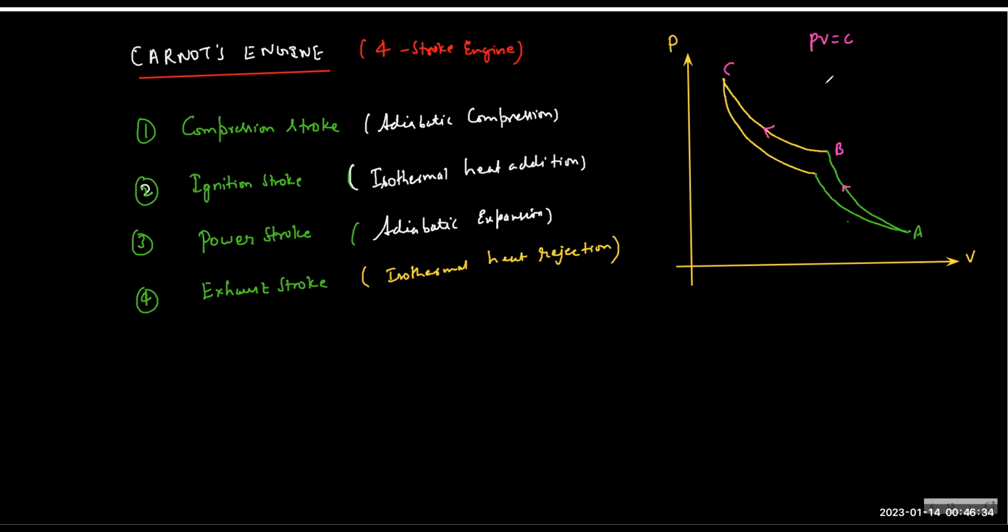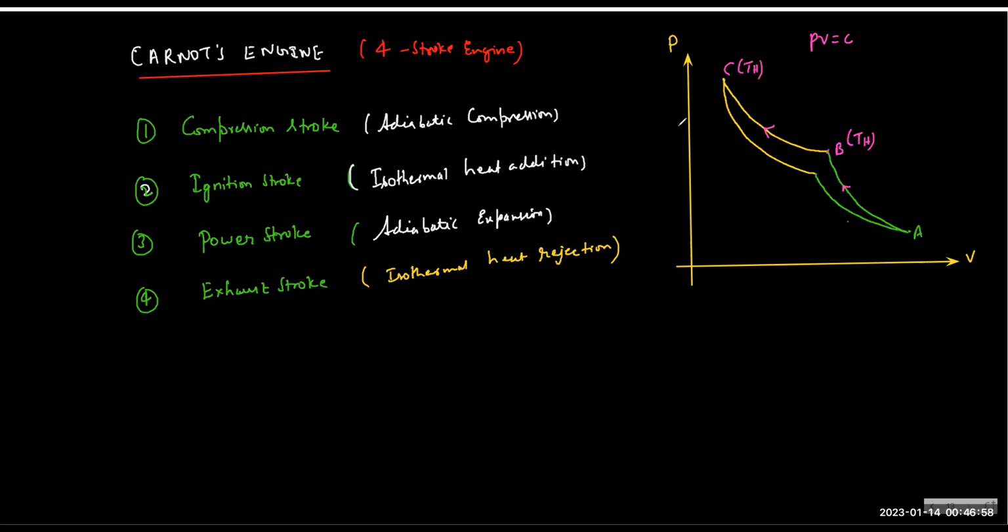And because here it is adiabatic, this point B, what temperature is at B, the high or the low? B will be at high temperature because after compression, the temperature will increase. This is the high temperature, but isothermally, the temperature remains the same, isn't it?